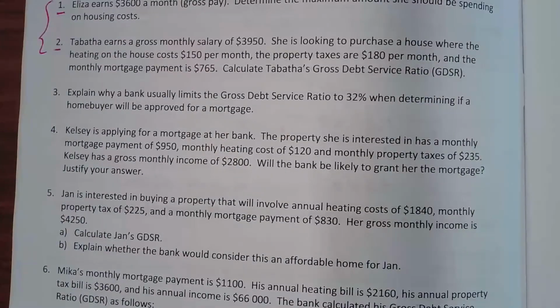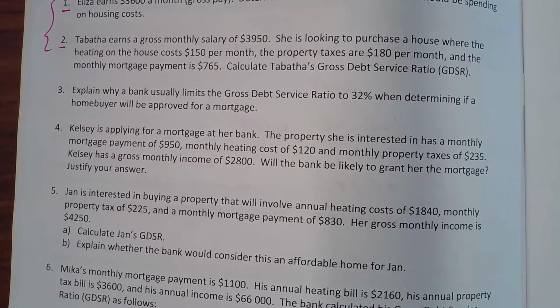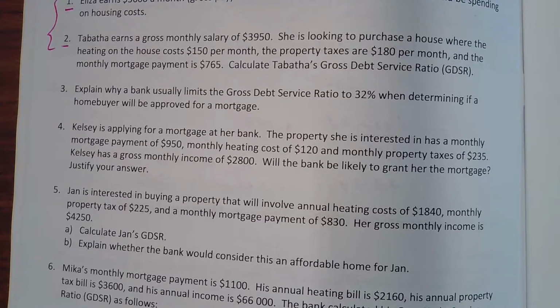Okay, so let's take a look at question number 1. It says here, Eliza earns $3,600 a month. And looking at this question, it's like, that's all the information I get? It says determine the maximum amount that she should be spending on housing cost.